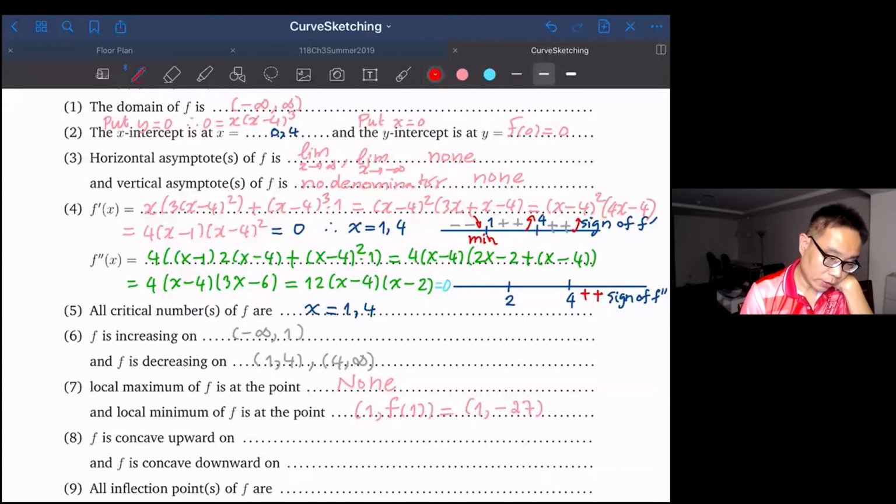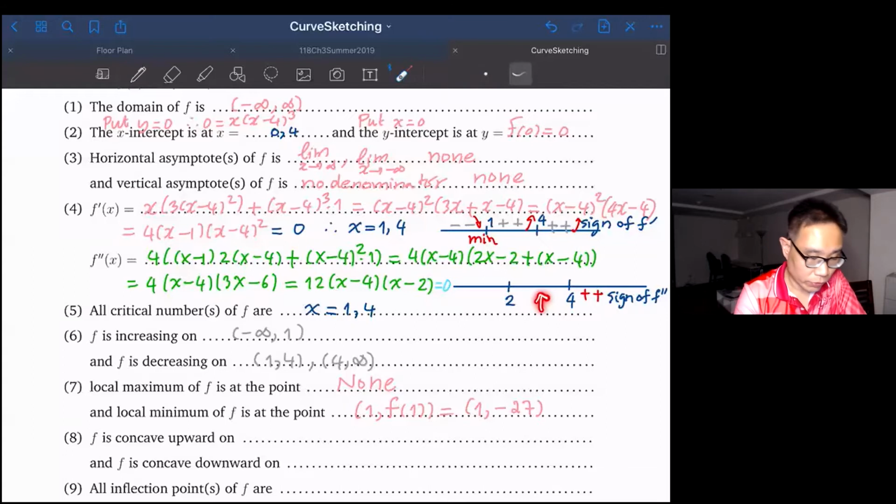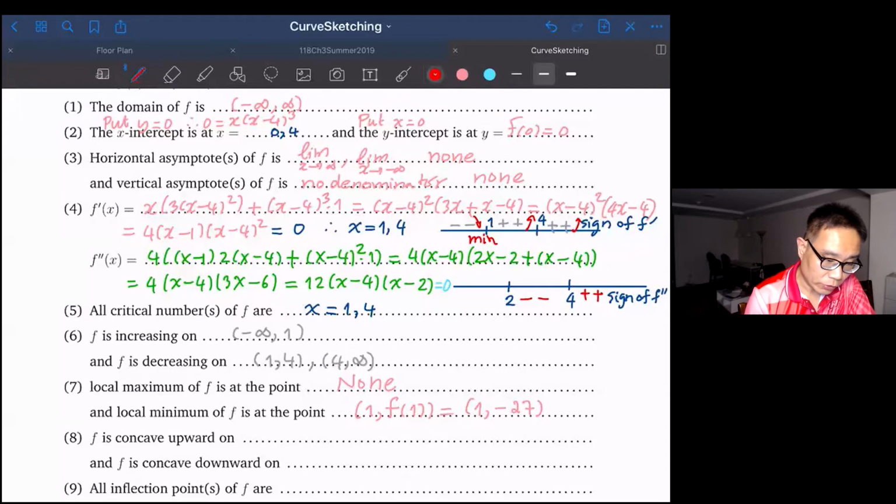For the second interval, you're going to put x equal to 3, so it's going to be 3 and 3. In this interval you get negative, positive, so it's going to be negative. And for the first interval, you plug in x equal to 0, so you see that it's going to be negative times negative, so it's going to be positive.